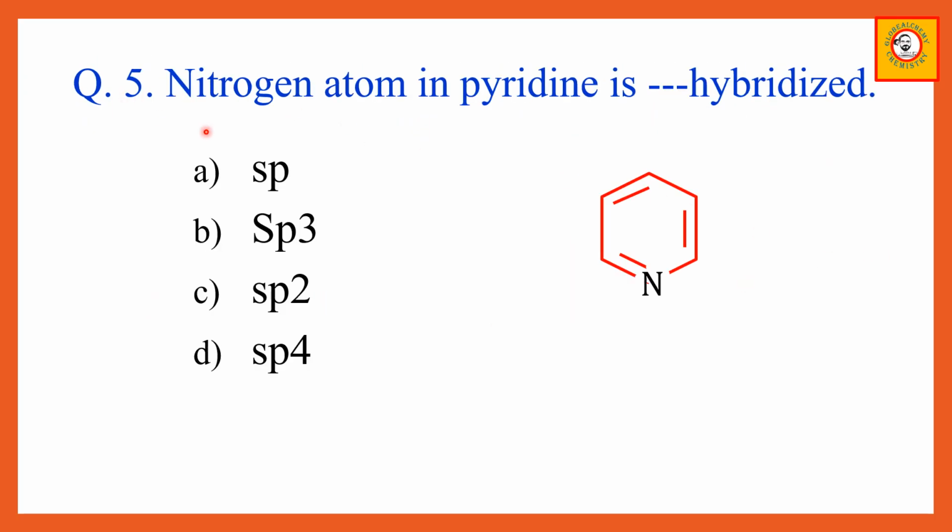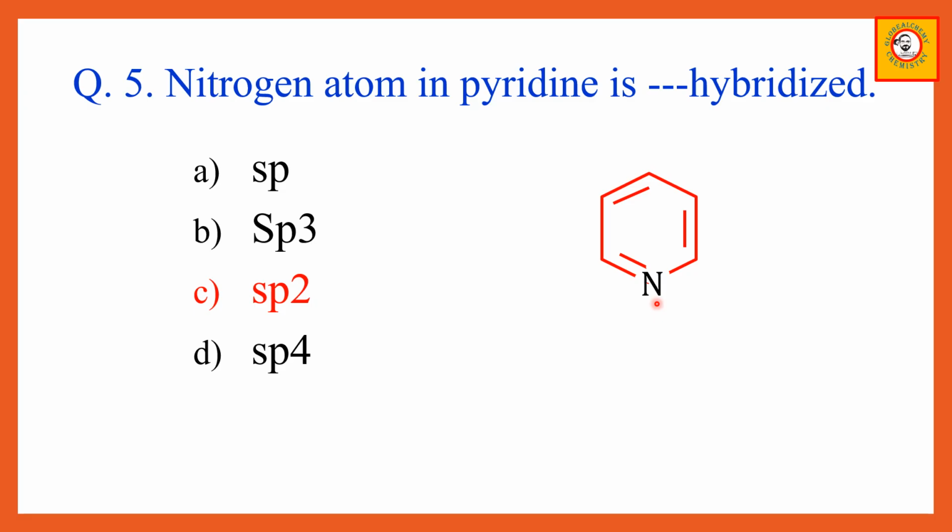Question 5. Nitrogen atom in pyridine is sp, sp3, sp2 or sp4 hybridized. The answer is sp2 hybridized. The lone pair of nitrogen is not delocalized.